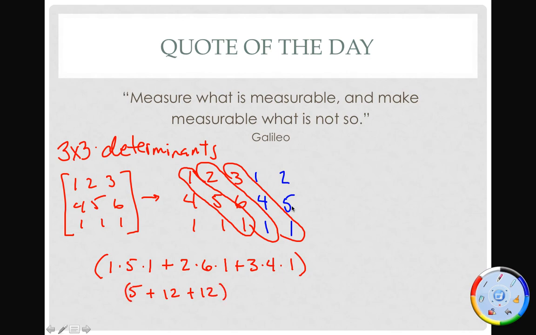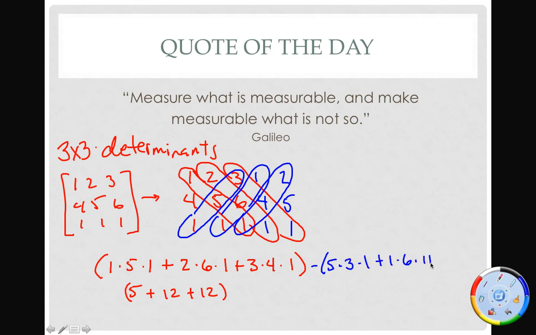And then I'm going to take the other 3 diagonals, just like I did in a 2 by 2, and I'm going to subtract 5 times 3 times 1 plus 1 times 6 times 1, plus 4 times 2 times 1. I'm going to subtract 15 plus 6 plus 8. And I get, here's 24, and 5 makes 29, minus 20. Oh, look at that.